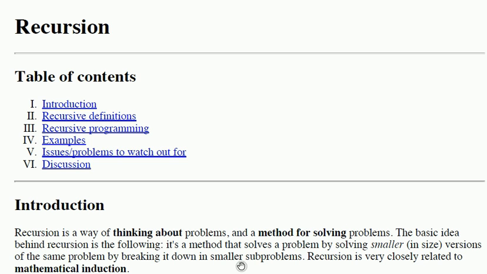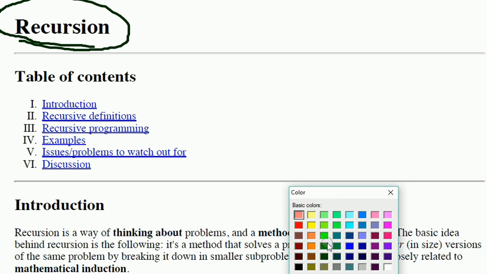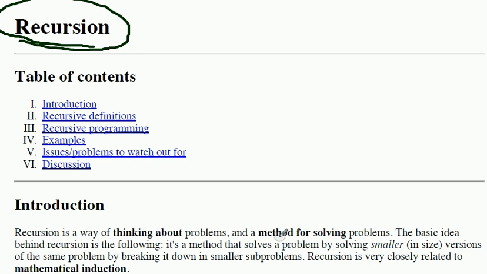Sit tight, because this video and this session is going to be a lot of work, pressure, distress, whatever you call it. You need to focus on this one. If you don't know this one, recursion. Let's pick this color. Recursion.